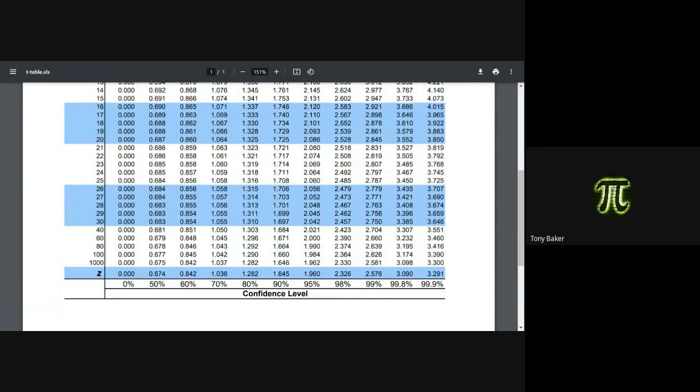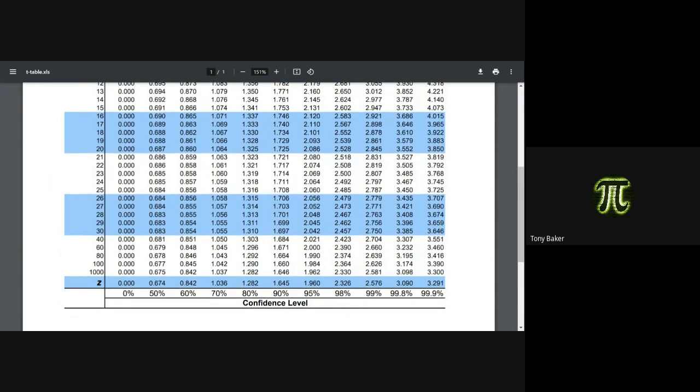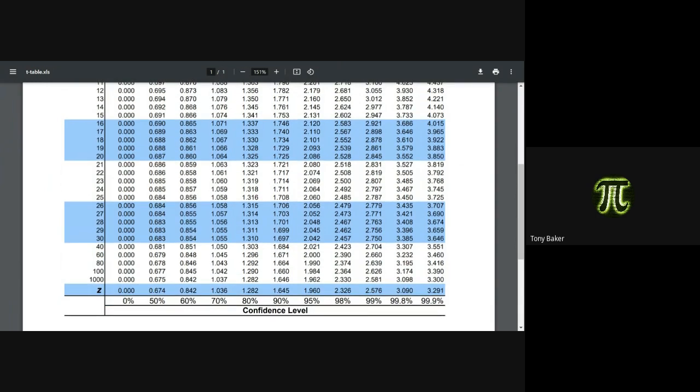Remember, anything over 30, you can really just use the bottom number because that's basically going to go to Z anyway. So you can use that 2.326, since it's pretty close.